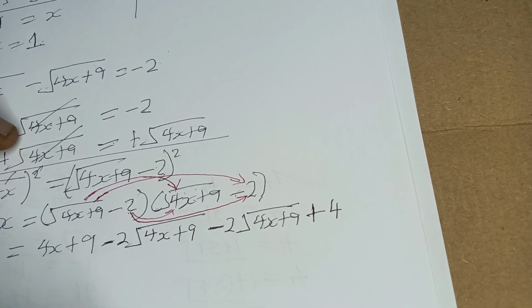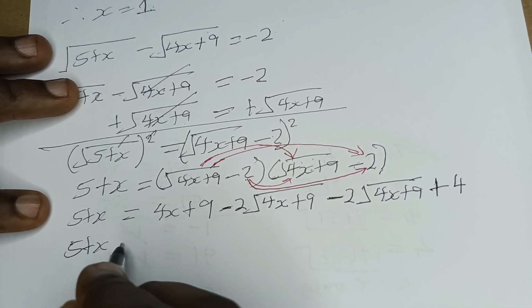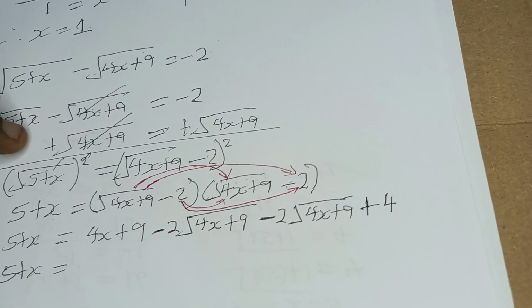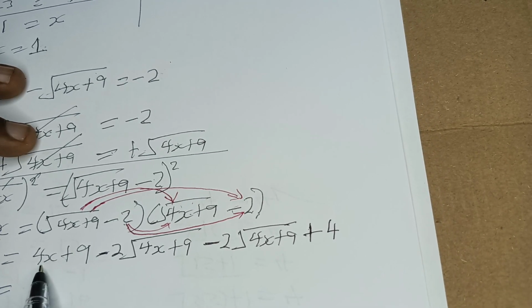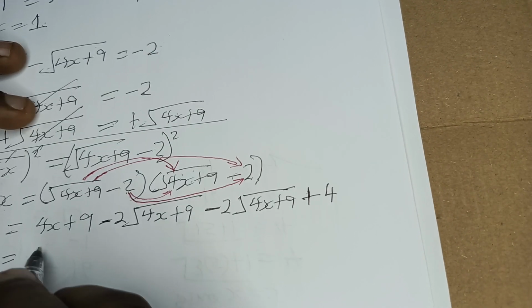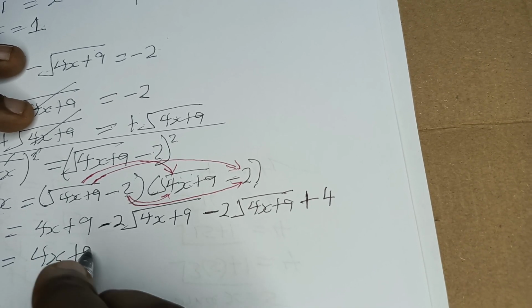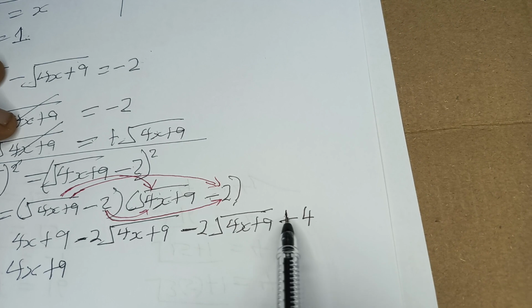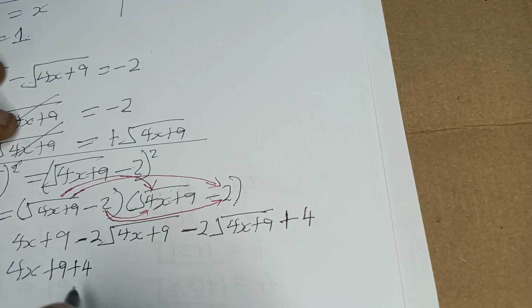So by simplification, we write now 5 plus x is equal to 4x plus 9. So we have to move this plus 4 over to this place, plus 4.